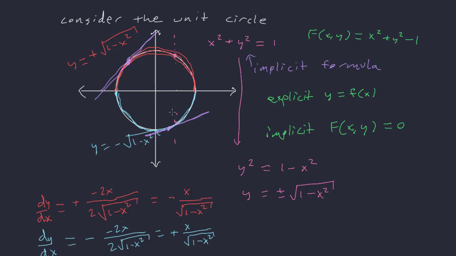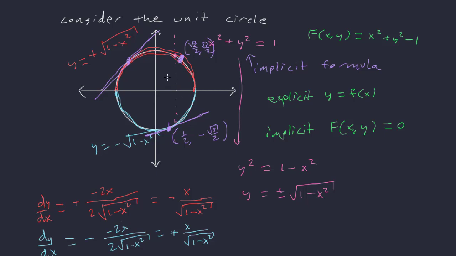So let's do that. Let's find the slope of the tangent line, let's say at the point up here. Let's say at the point root 2 over 2 comma root 2 over 2. And then we'll do, say here, let's say it's 1/2 comma negative root 3 over 2.